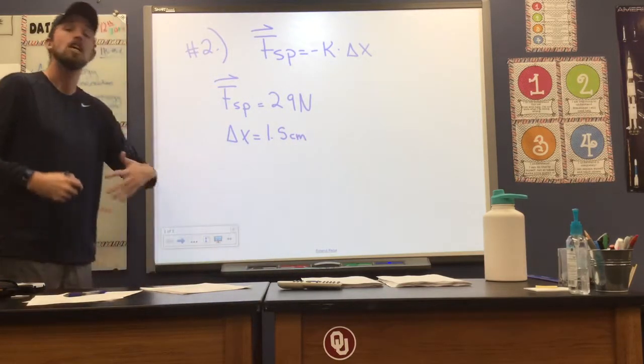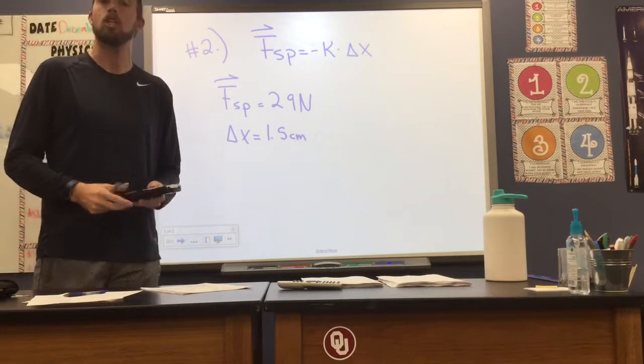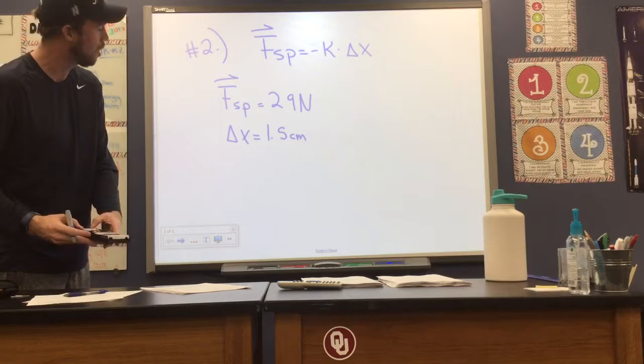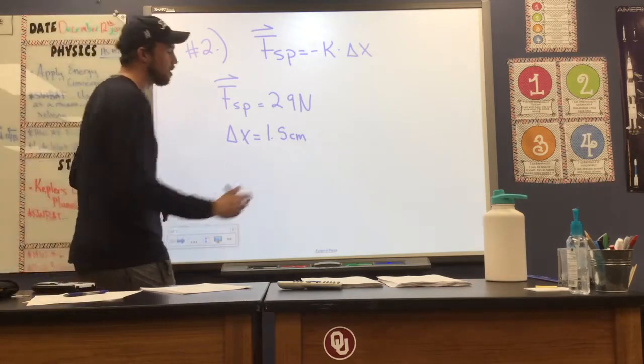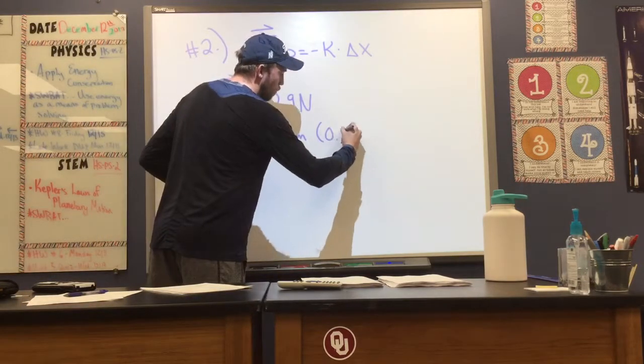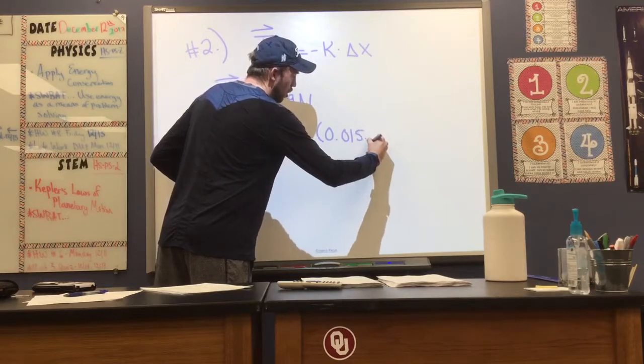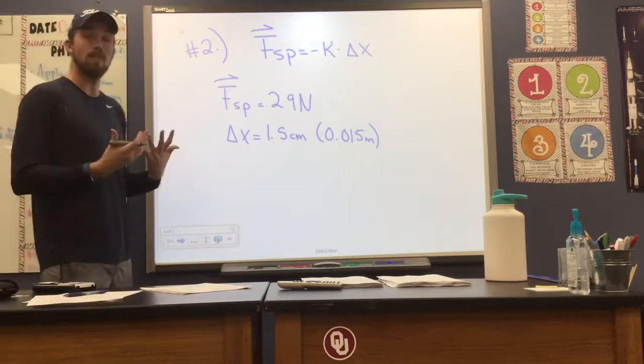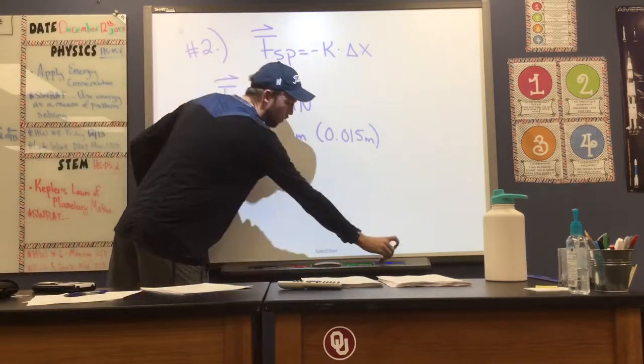Now, don't forget, when we're dealing with this spring force, we need to make sure we're in SI units. So we're going to divide that 1.5 by 100, or move our decimal 2 places to the left, which will give us a value of 0.015 meters.